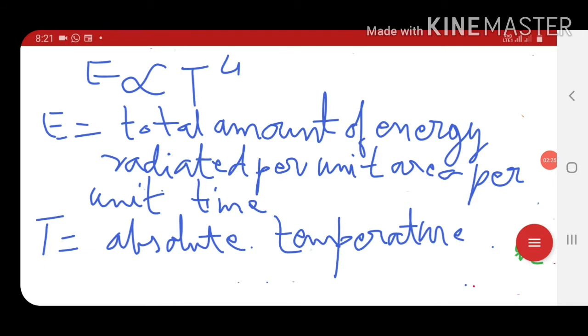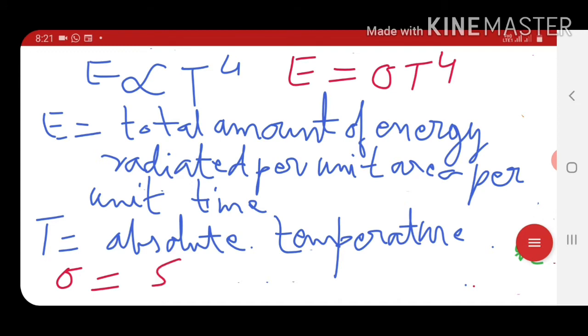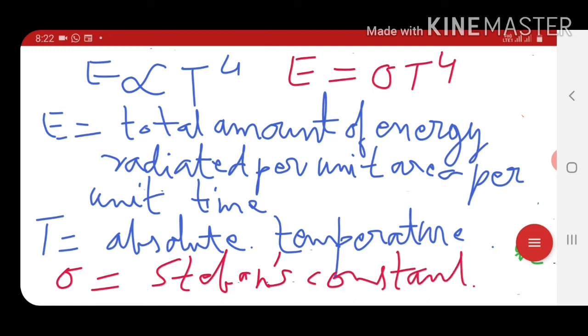Or we can say that E is equal to sigma into T to the power 4, where sigma is called Stefan's constant. This is a universal constant.